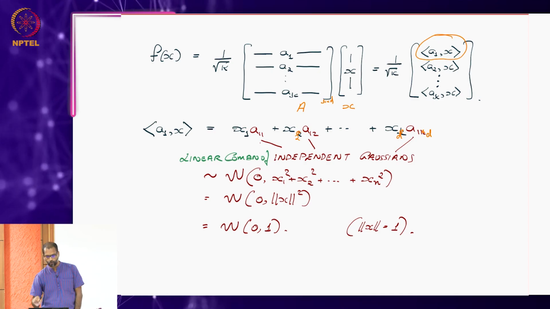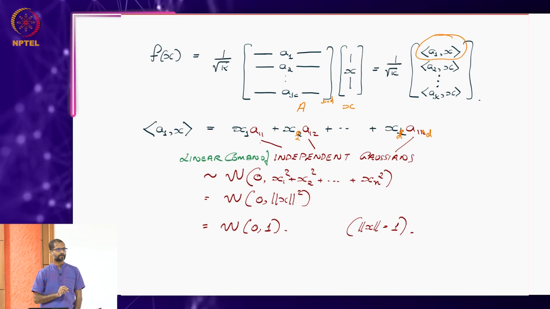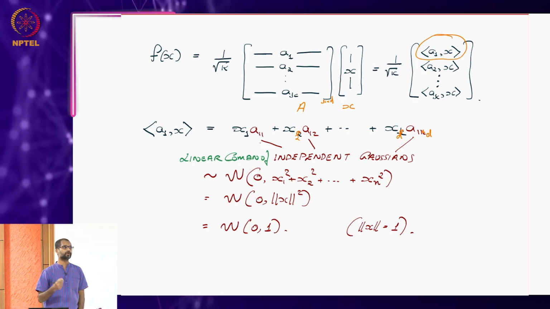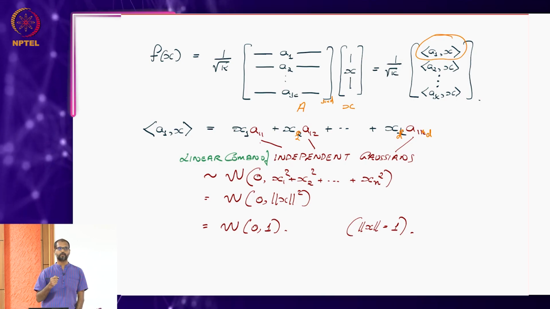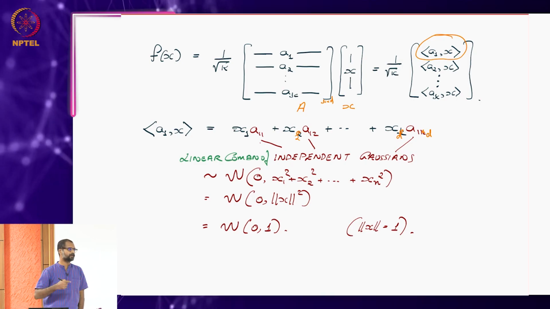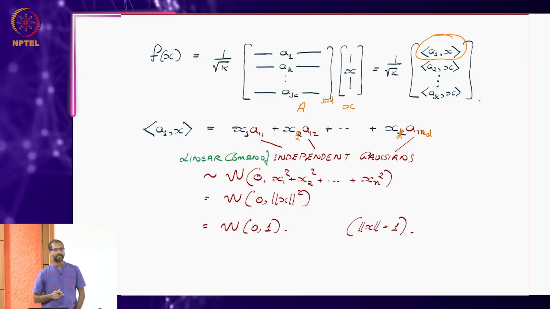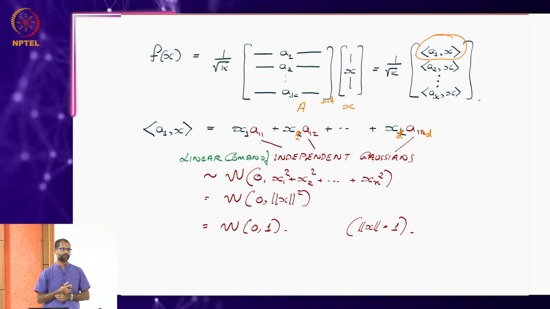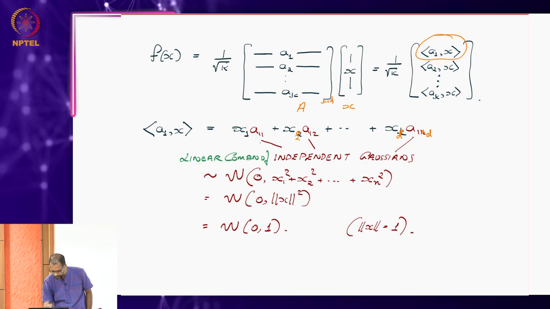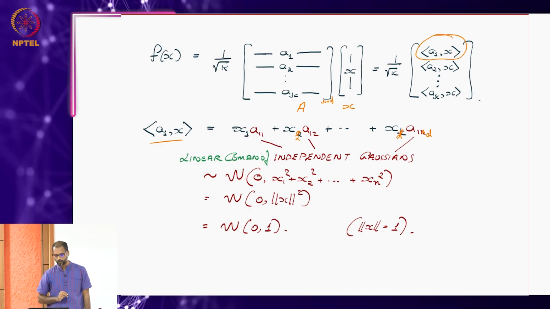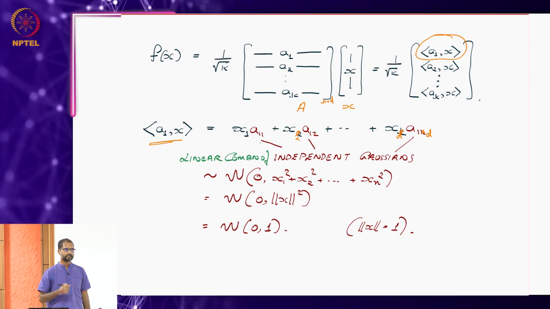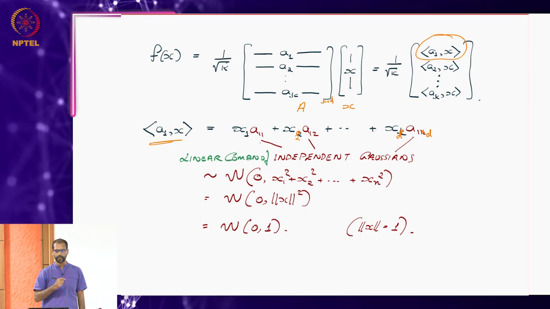So, what is this whole sum? It is a linear combination of independent Gaussians. And remember, that was one of the key properties I emphasized to death. A linear combination of independent Gaussians is also a Gaussian. So, this inner product will also turn out to be a Gaussian. We have to analyze what its mean and variance are, but it will be a Gaussian.